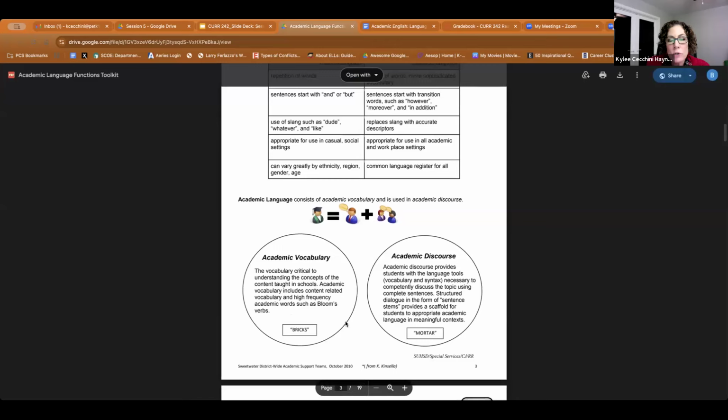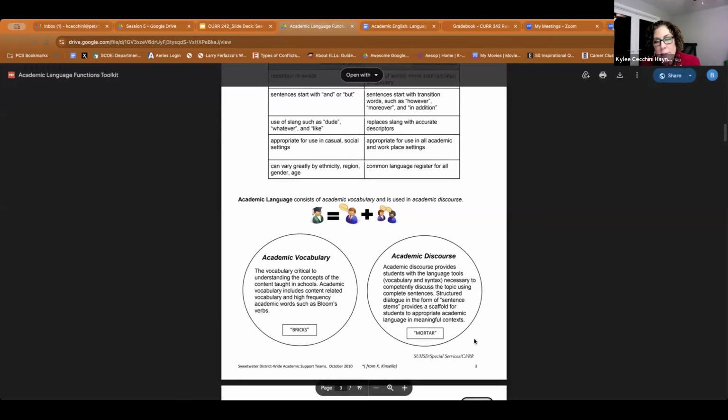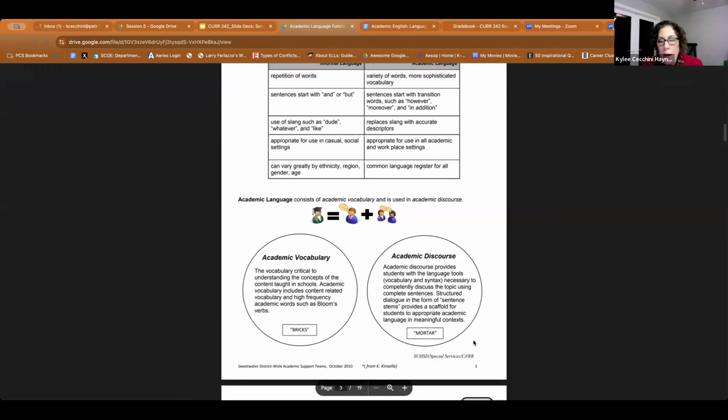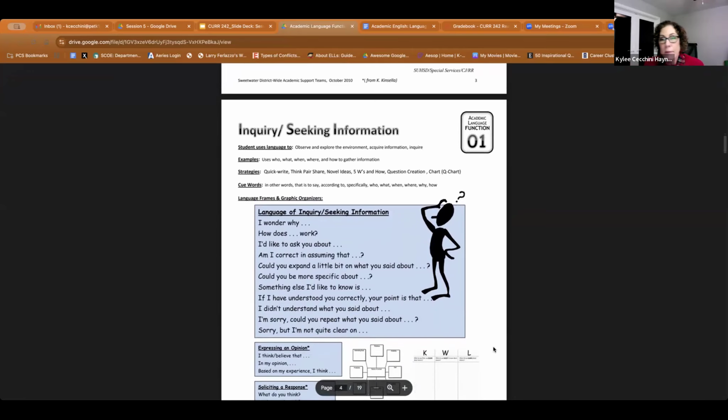We'll talk more. You'll see a video that talks about this idea of academic vocabulary as being the bricks and academic discourse as being the mortar. So we'll do that. But this is what I love about this toolkit.